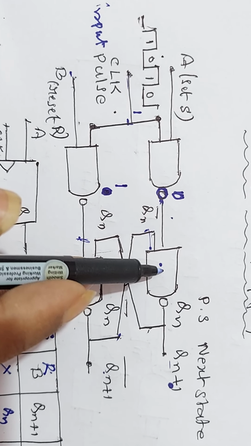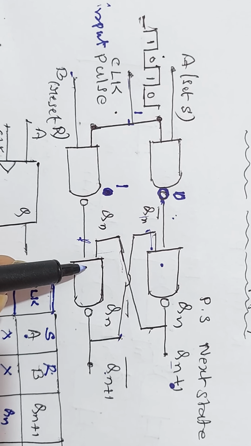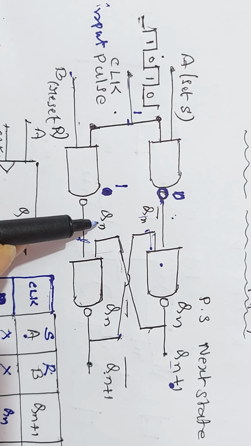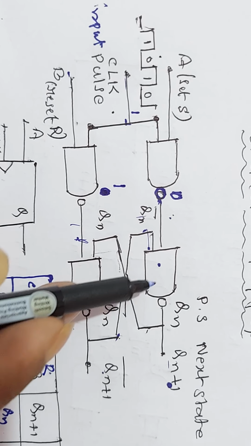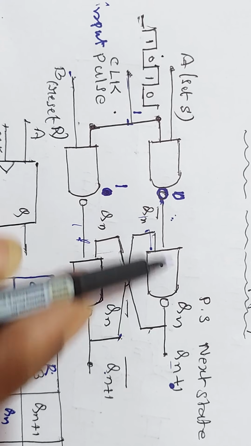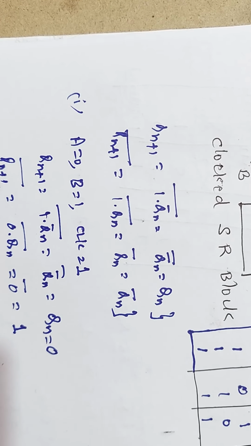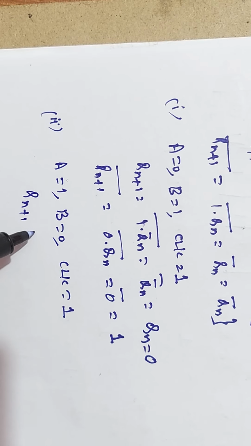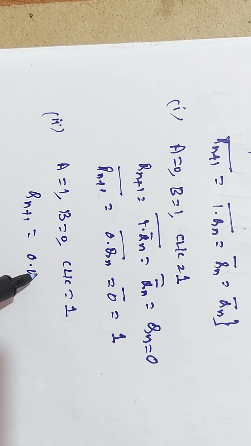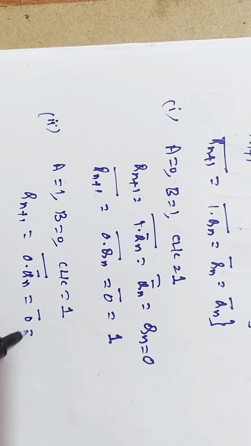Input of this gate is 0 and Qn bar. Input for this gate is Qn and 1. Therefore, output of this gate is 0 into Qn bar is 0, complementary is 1. Therefore, Qn plus 1 is equal to 0 into Qn bar to the bar, which is equal to 0 bar equals 1.